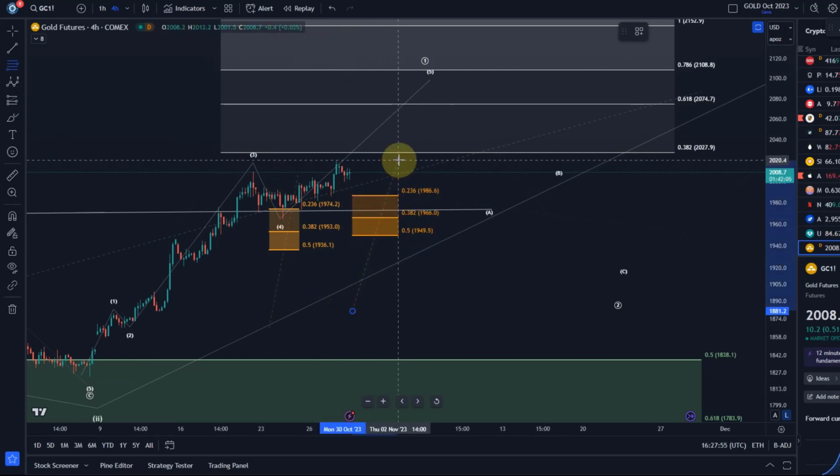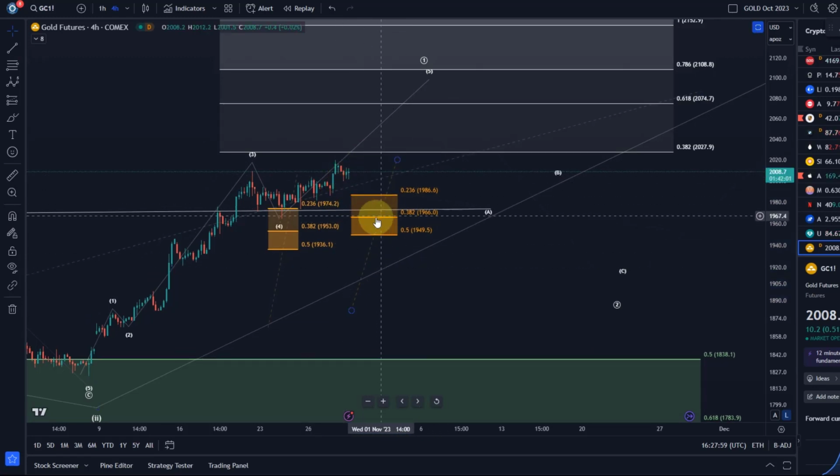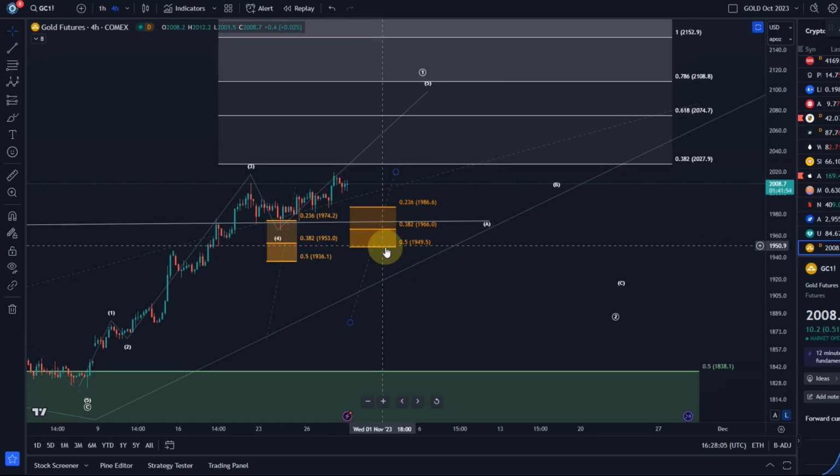It might still shift up a little bit depending on how high we go in the alternative third wave. So support will be 1949. That means short-term support is 1949. Against that level, I would simply focus on higher, targeting probably the area around 2075 to 2110. That's my update about gold.